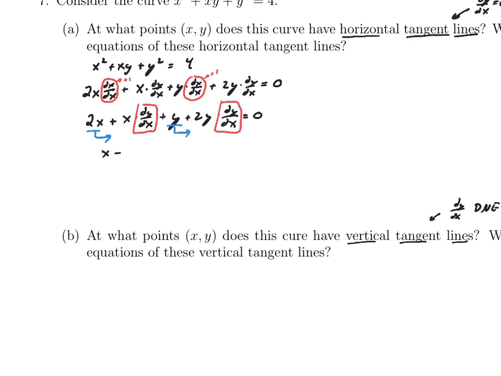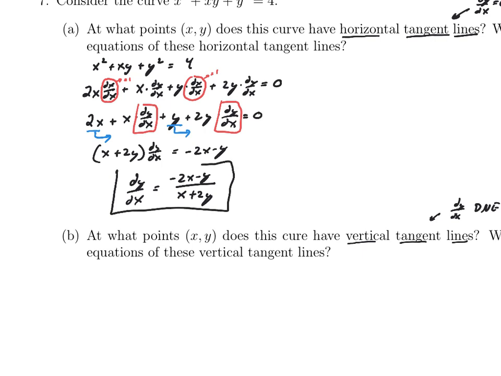So I have x plus 2y times this dy over dx is equal to, and I'm going to put all the other stuff to the right hand side. I did two things in one step. Hopefully you can follow me on that. But basically all I did was put all the dy dx's on one side and everything else on the other. So now my dy dx is going to be equal to negative 2x minus y divided by x plus 2y. Okay, and I'm going to use this equation for both a and b.